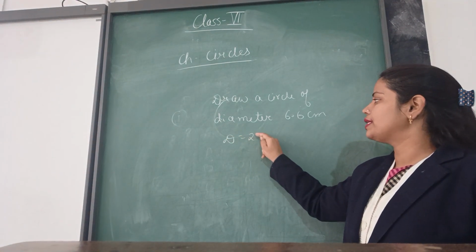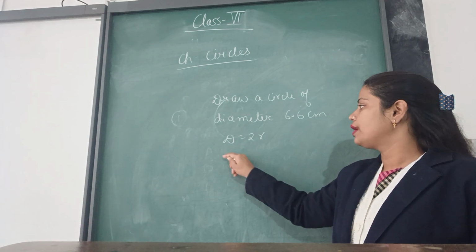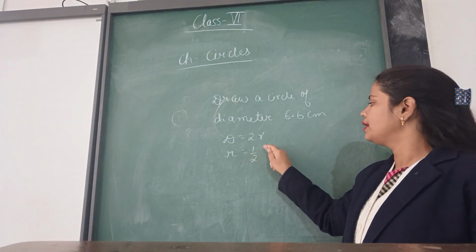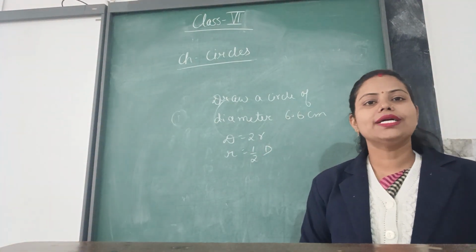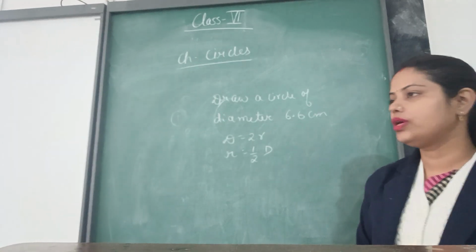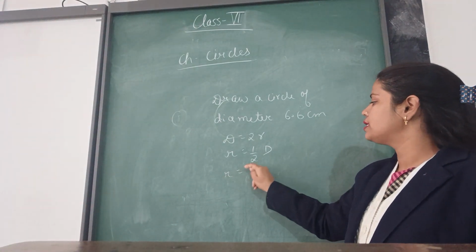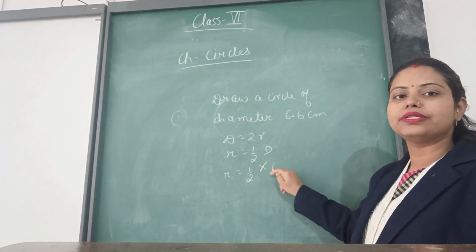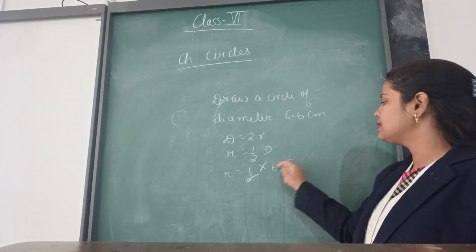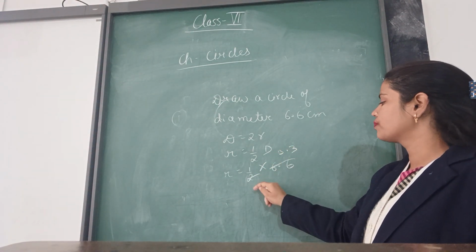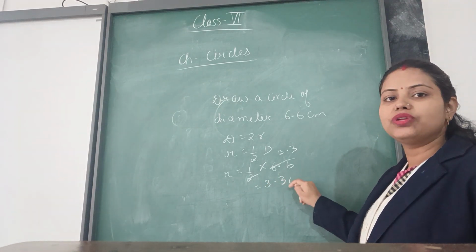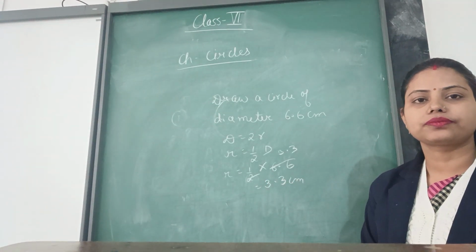Diameter is equal to twice of radius, or radius is equal to half of diameter. For drawing a circle, we need the radius. Radius will be equal to half of diameter, and diameter is 6.6. We'll cancel it. 3.3. So we're getting the radius to be 3.3 centimeter.